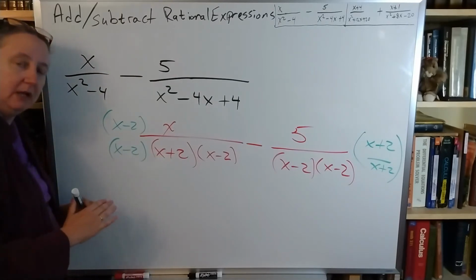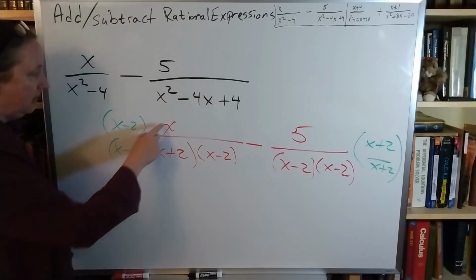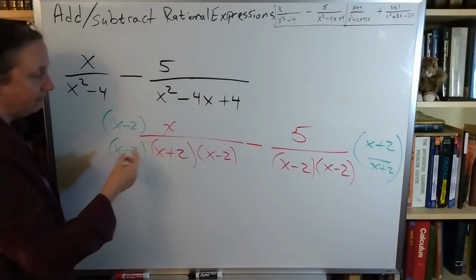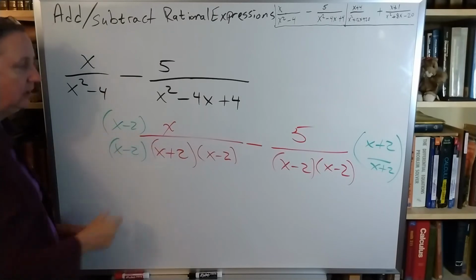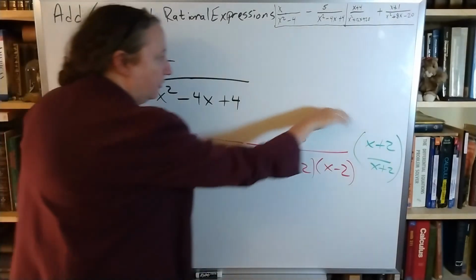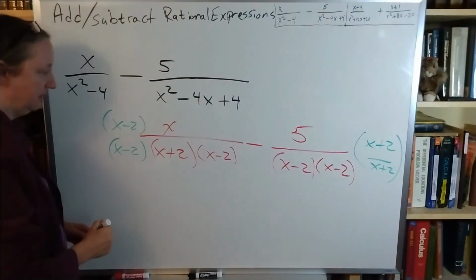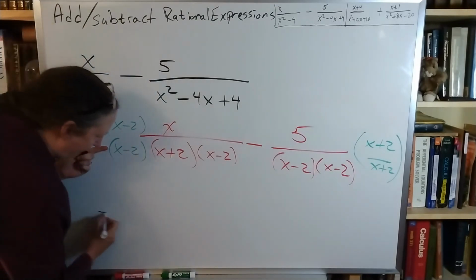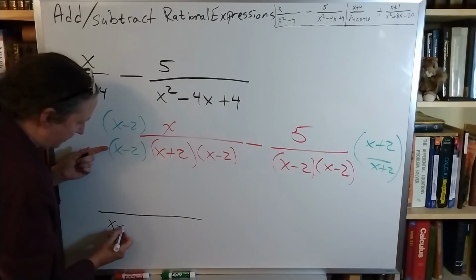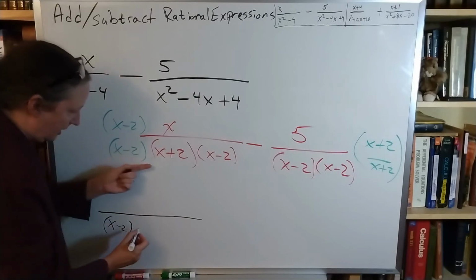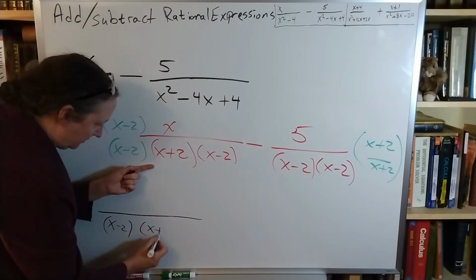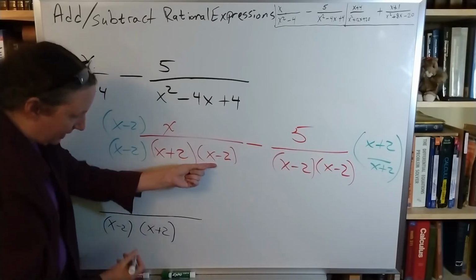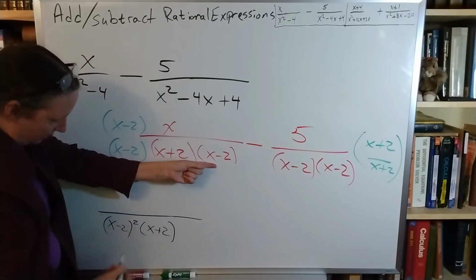Now that I know what my common denominator is going to be, I FOIL, or not FOIL in this case, but I do distribute that x into this, and I distribute the 5 into that. So I'm going to have that same denominator, x minus 2, x plus 2, and another x minus 2, so I'm going to put a square on top of that one.